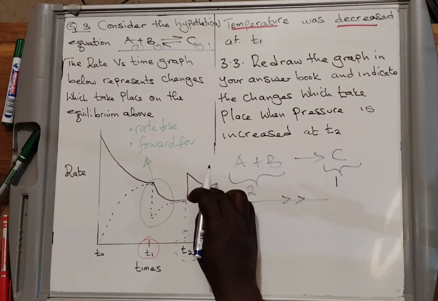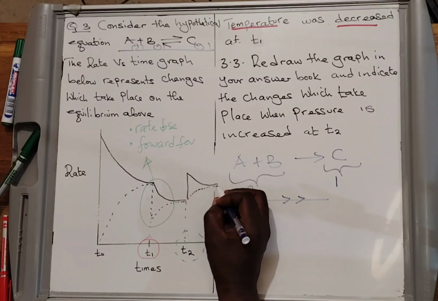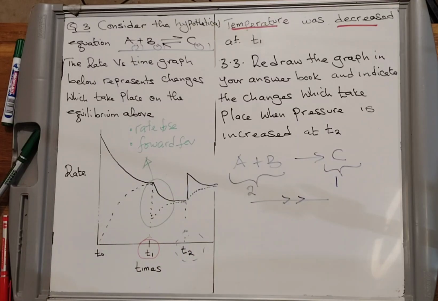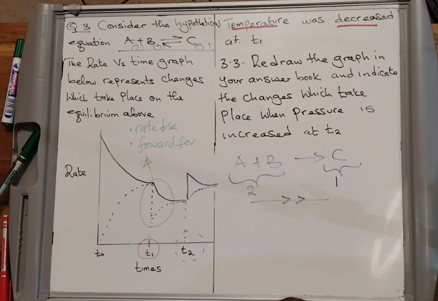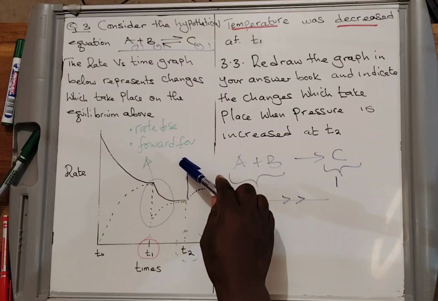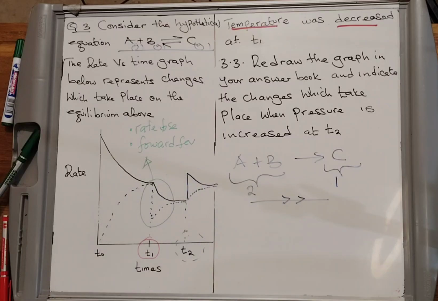So this is it. These are the changes you're supposed to show. This one indicates that rate has increased because we have shifted upwards, and it also indicates that forward is favored. That one is answered, so let's go to the next question.